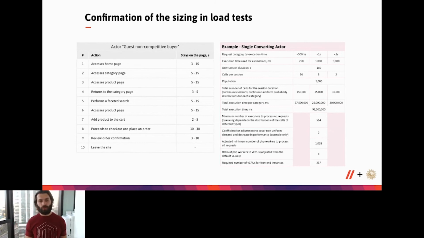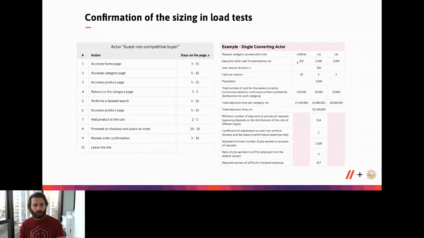Then let's look at an example of how to calculate how many processes, executors or workers you need to cater for that scenario. For example, there are three types of API calls. One type is where your API call consumes less than 500 milliseconds. Another type is less than 1 second, and the third type is less than 3 seconds.